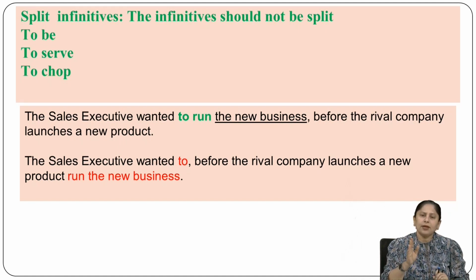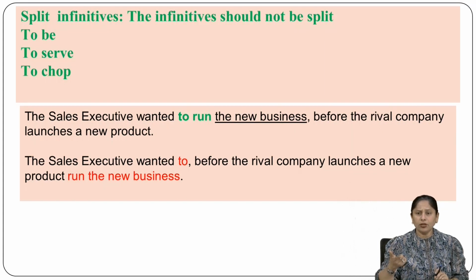To run, then put the adverbial modifier or noun modifier or adjective modifier, whatever the modifier that comes, or either the phrase like this, the new business. This is a phrase also. You can't say that this is not a phrase. Of course modifiers are phrases. That's why I have attached the topics modifiers and phrases together in front of you in this session.